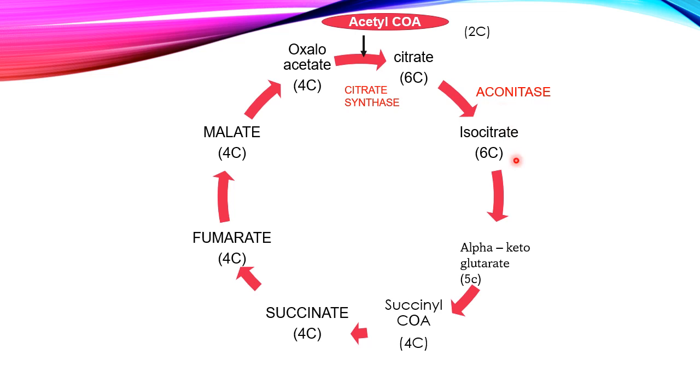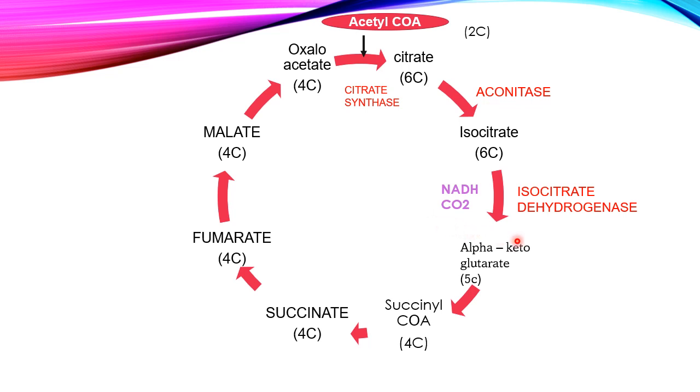Now, the isocitrate, a 6-carbon molecule, gets decarboxylated to form alpha ketoglutarate in the presence of the enzyme isocitrate dehydrogenase. As it is decarboxylated, CO2 and NADH, an energy-rich compound, are released, which we have studied earlier in this slide.